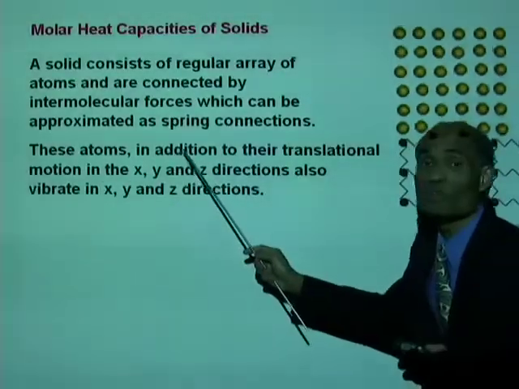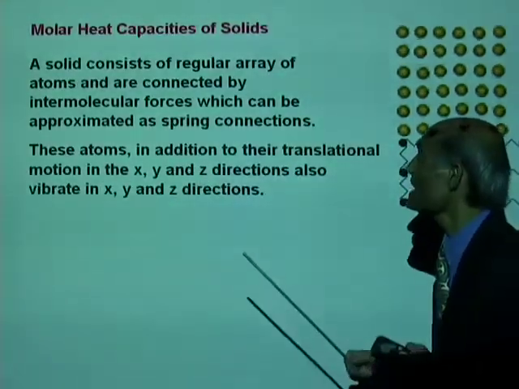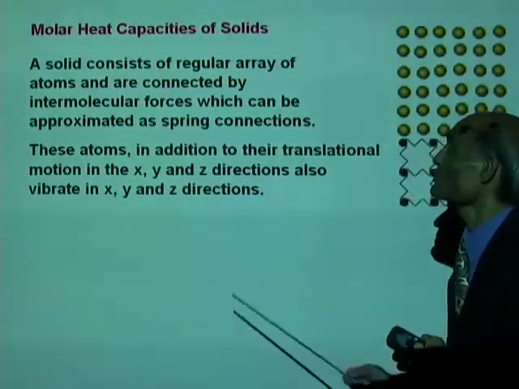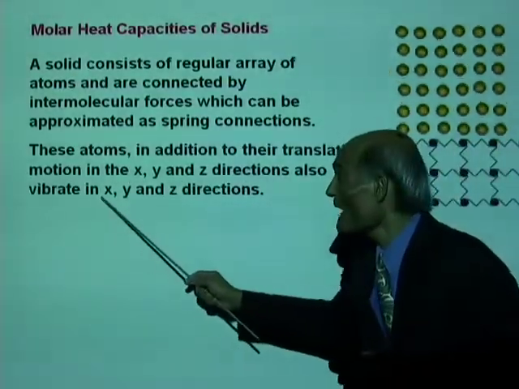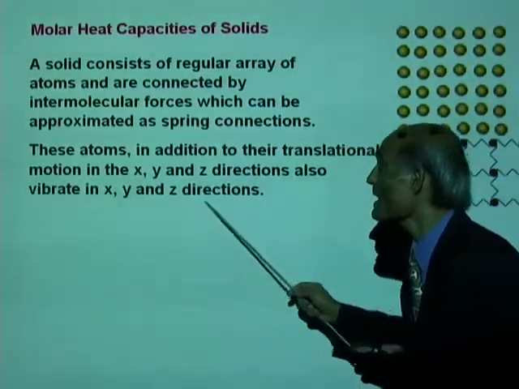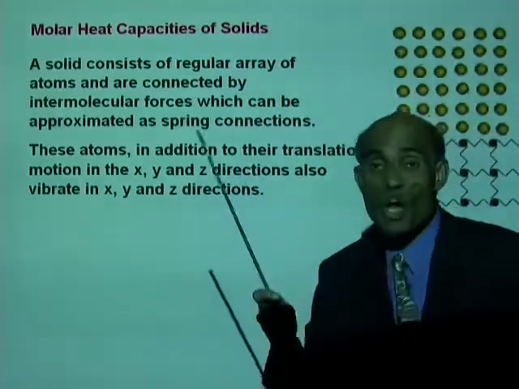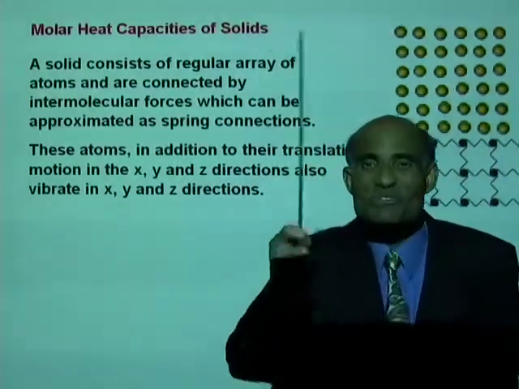Now, these atoms, in addition to their translational motion in the x, y, and z directions, also vibrate in x, y, and z directions. That means each solid atom has 6 degrees of freedom.